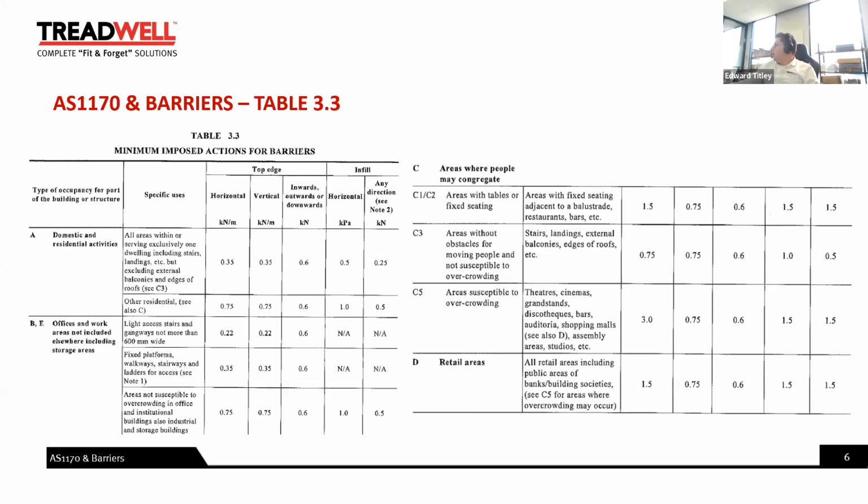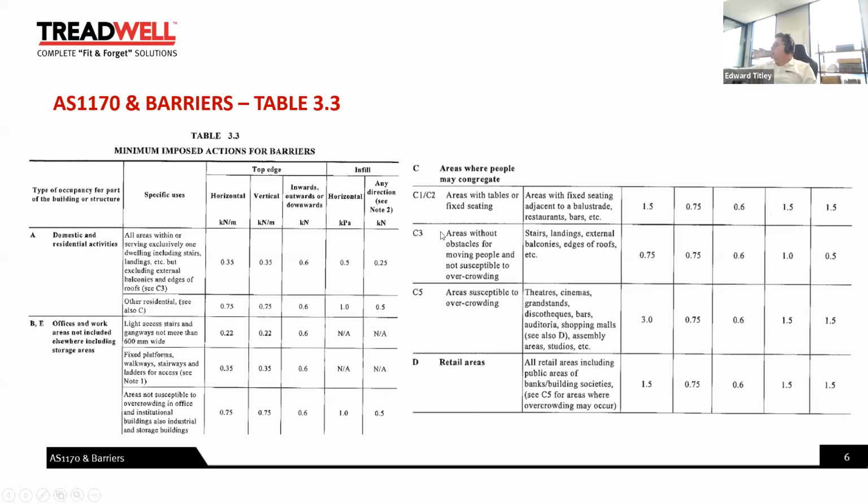And we need to consider a loading of 1 kPa horizontally on the infill and 0.5 kilonewtons in any direction on the infill. C5, we see these increase both on the infill to 1.5 kPa and kilonewtons, and also as a kilonewtons per meter loading horizontally, 3 kilonewtons per meter.